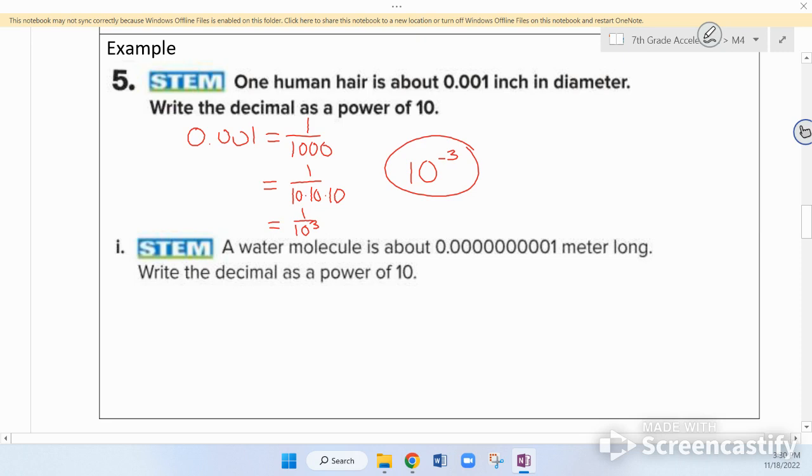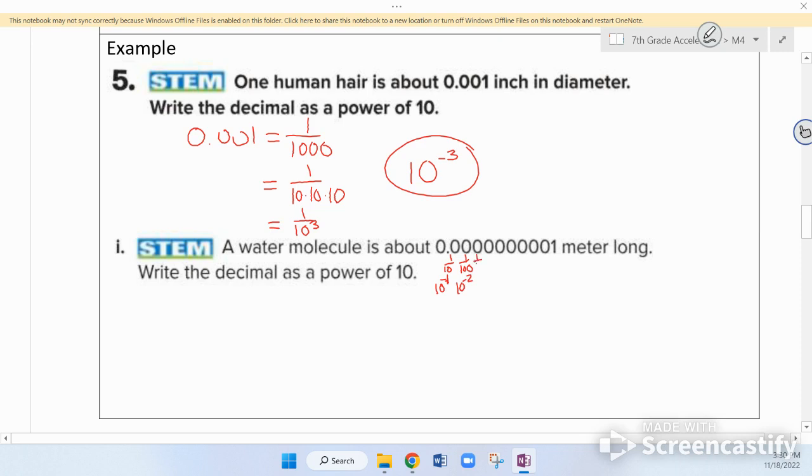Okay, so what if I do this? Tenths would be 1 over 10. This would be 1 over 100. So let's see the pattern here. That'd be 10 to the negative 1. This would be 10 to the negative 2 because we basically divide by 2 tenths.